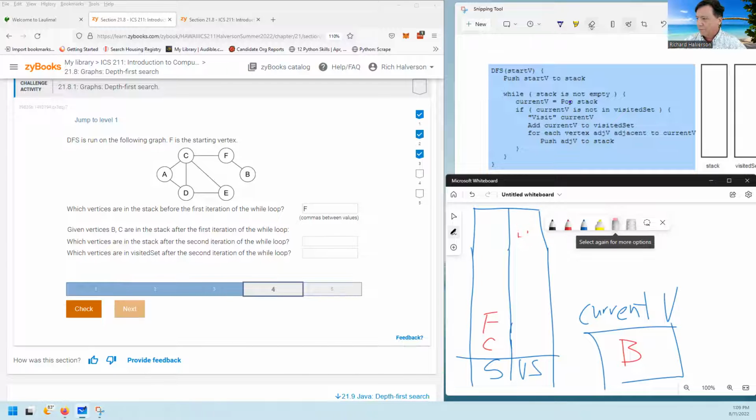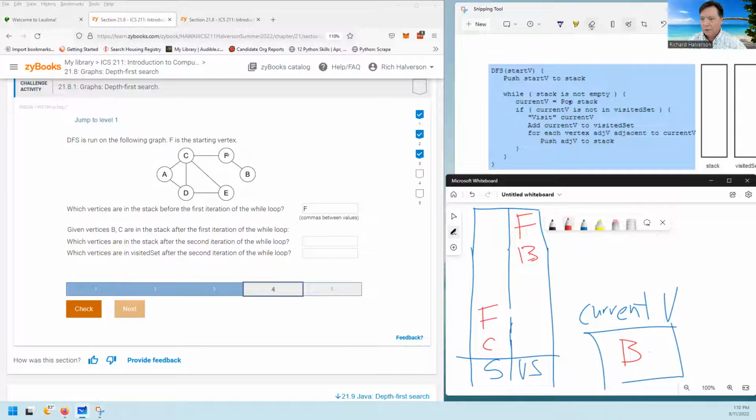The first one visited is F, so I should have an F there, and then a B. So B and C were in the stack like this. Now current B gets put there, B gets erased, and all the nodes adjacent to B get added, and it's only F, so it's F here.